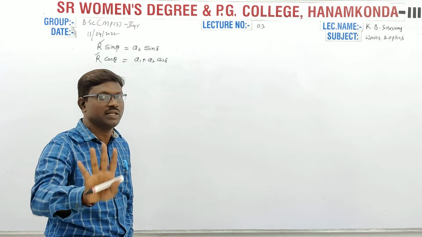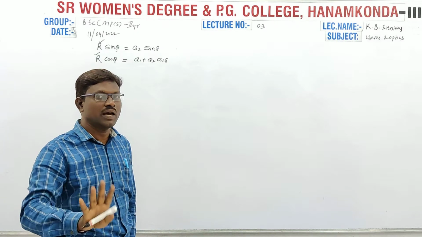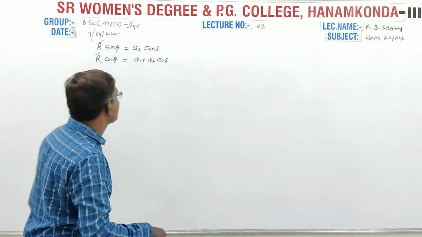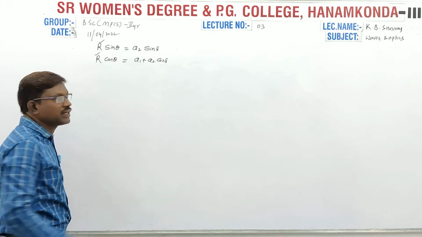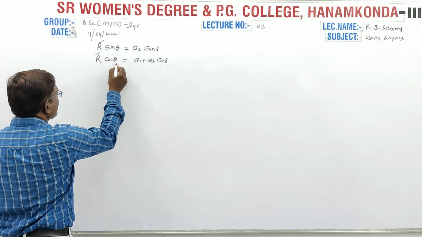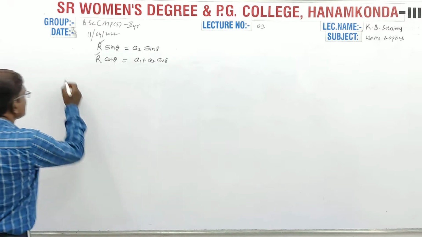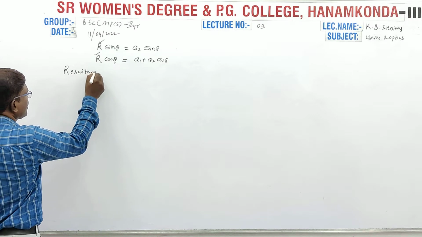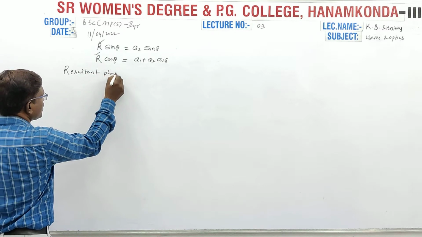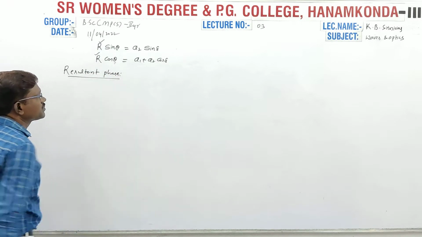After superimposing, after overlapping on each other, the resultant phase is represented by theta. Clear? Right. Here I want to calculate the theta value individually, the resultant phase of the two waves after overlapping.